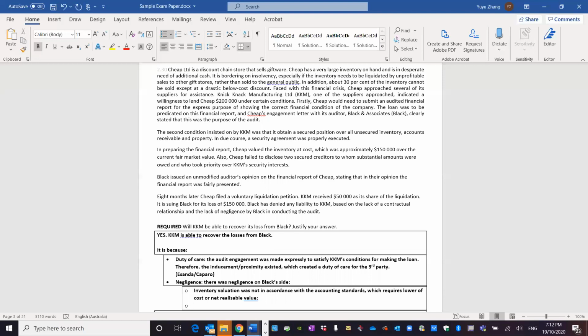Are there any other potential negligence? Not discovering the other creditors? Yes.